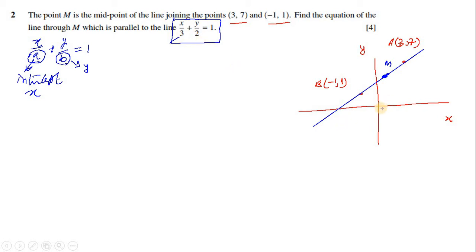So you can think that you have the x-intercept, which is 3. So this is 3, and then another intercept is 2. So this is 2, somewhere here, maybe. Yeah, let's say here. This is 2. And now we can sketch the line passing through these two intercepts.